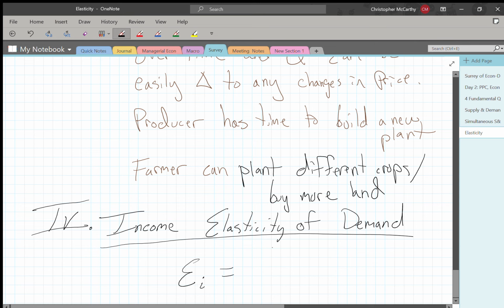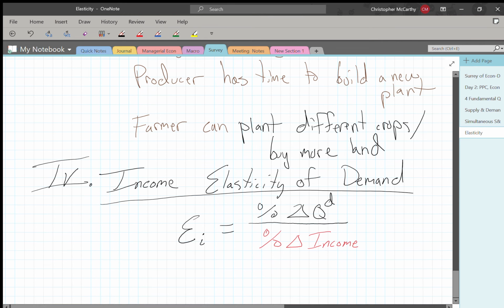And again, I told you the key is that the quantity demanded is always on the top. The other key is that the thing on the bottom is always some sort of price. So this is the percentage change in your income, which if you think about it is the price of your hourly work, right? It's the price of your week, it's the price of your year. So income elasticity of demand is talking about how much the quantity of something changes as your income increases.